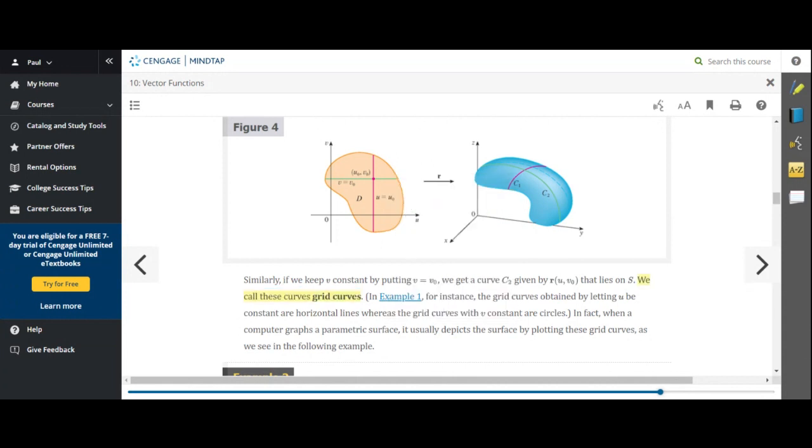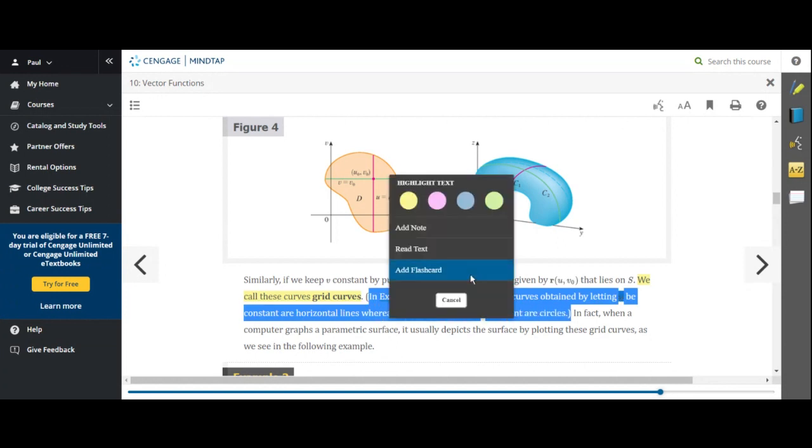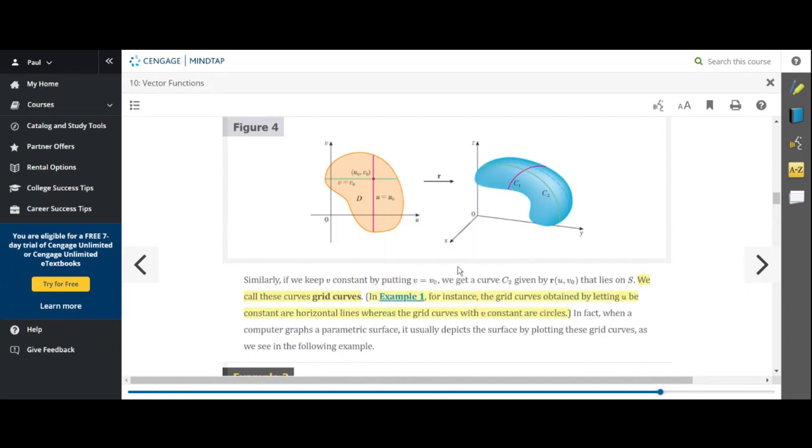In example 1, the grid curves obtained by letting U be constant are horizontal lines, and the grid curves where V were constant were circles. We saw that in example 1. We didn't really explore letting U be constant because letting V be constant allowed us to get circles, and when we put the circles together, we got a cylinder.